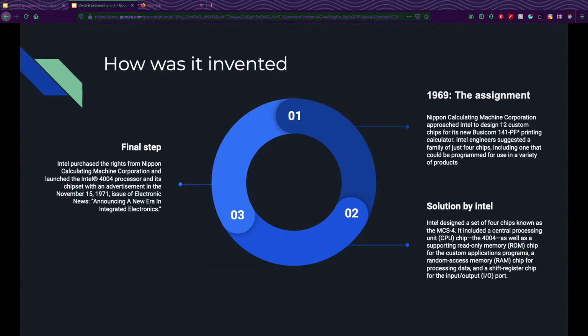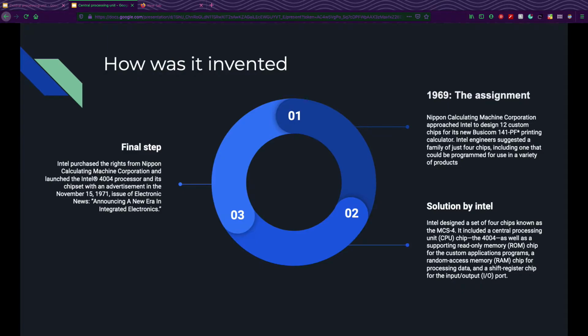In 1969, Nippon Calculating Machines approached Intel to build 12 custom chips for its new Busicom printing calculator. Intel's engineers suggested a family of only 4 chips, including one that could be programmed for a variety of products. And this was the solution proposed by Intel.